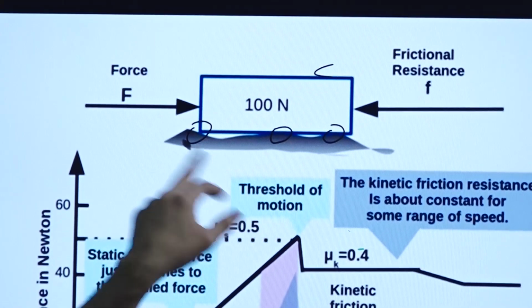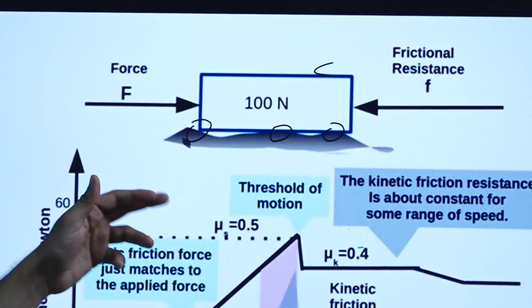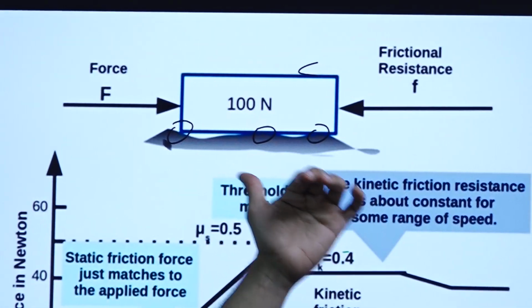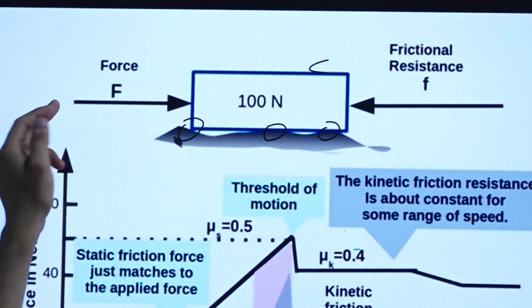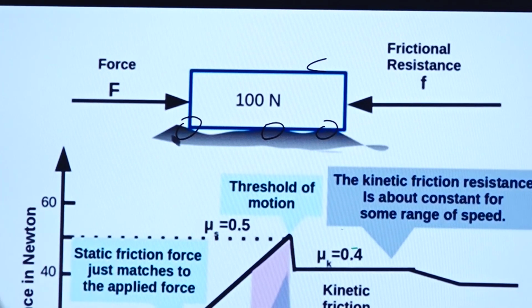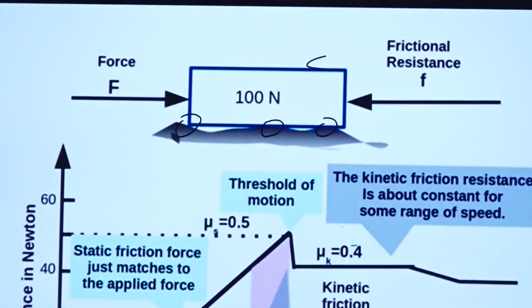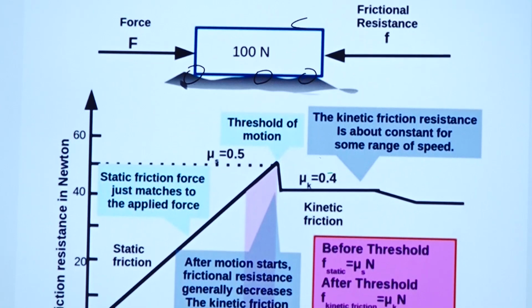So in this block, if you apply some force, you will receive resistance, okay? Friction force will be in the reverse direction. If you apply force F in positive x direction, the frictional force will be in negative x direction, right? So frictional force is a force that will always try to oppose the applied force.